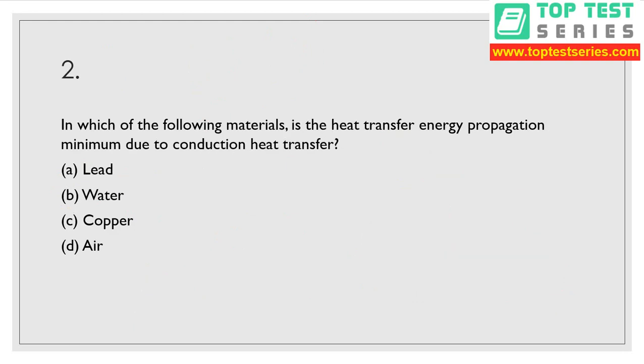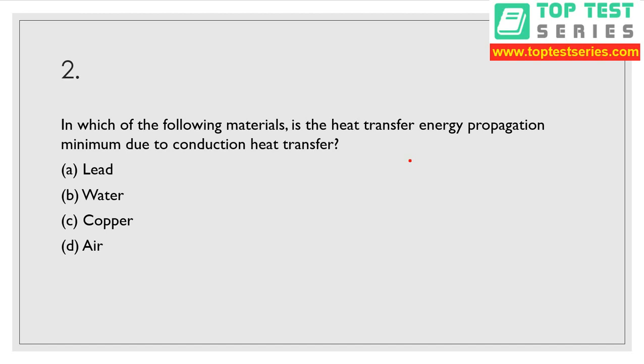Question number 2. In which of the following materials is the heat transfer energy propagation minimum due to conduction heat transfer? Now my dear, the material having the least thermal conductivity will have the least or minimum energy propagation, right?